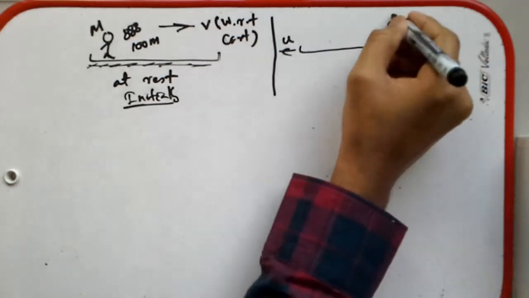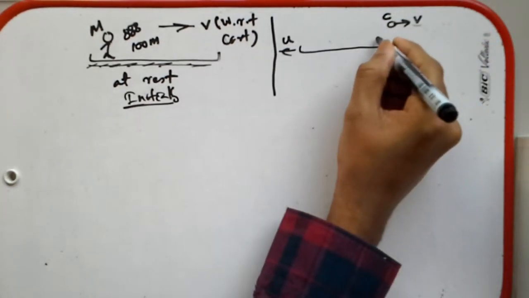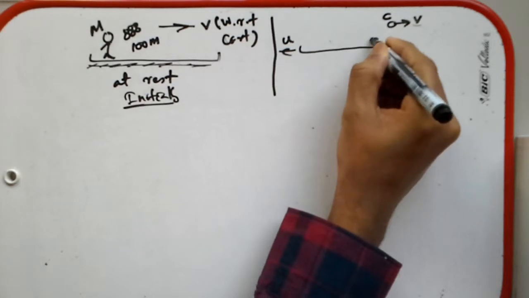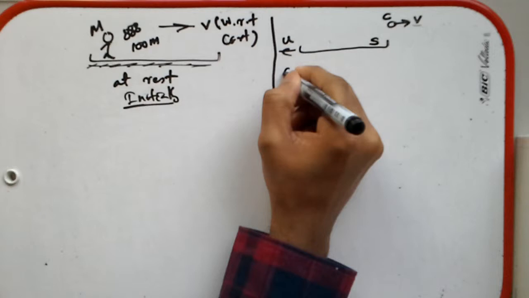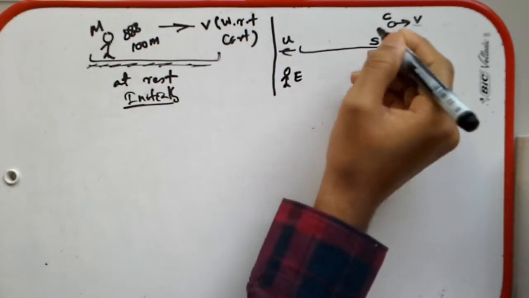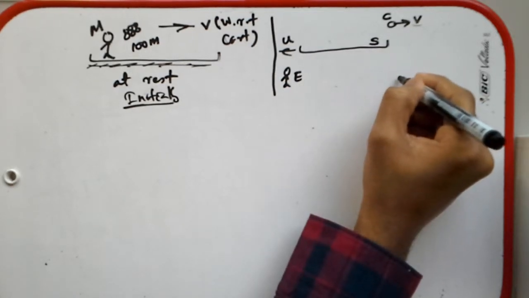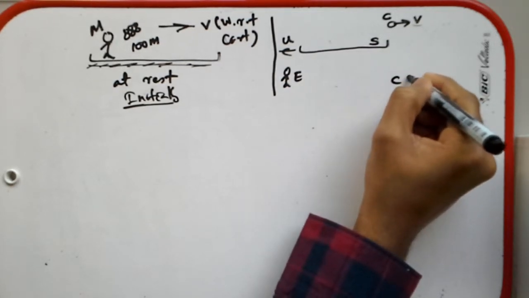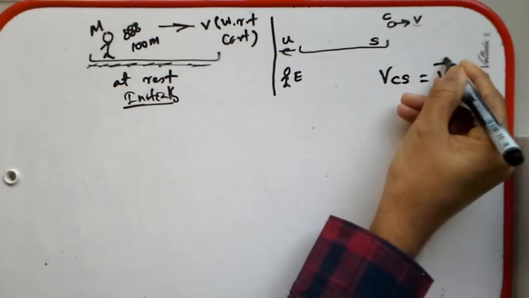Let me denote this marble by C and this frame by S. Here is an Earth observer, E. Now I know the velocity of this marble with respect to the S frame is v, this way.